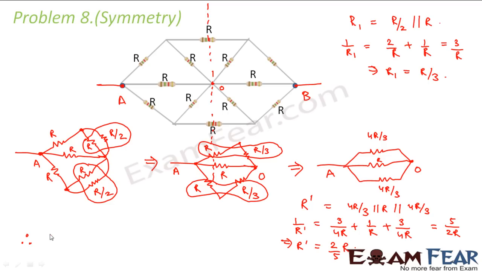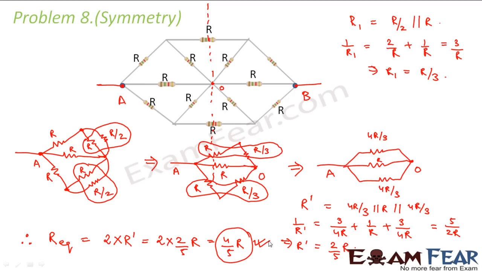Therefore, what will be the equivalent resistance of the entire circuit? That will be 2 times the equivalent resistance of half the circuit. So this will be 2 into 2R by 5. So 4R by 5 is the equivalent resistance of the entire circuit. So you understood what we did here?